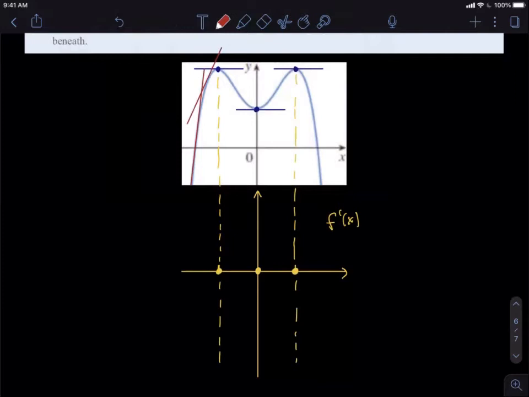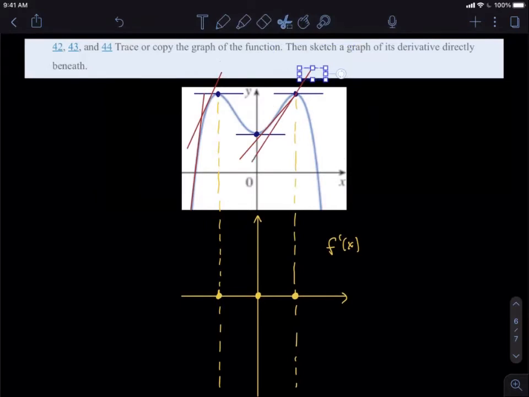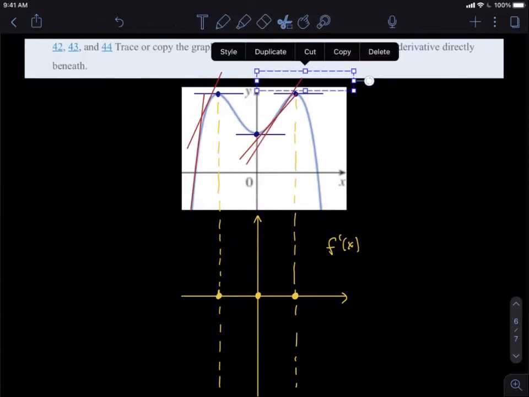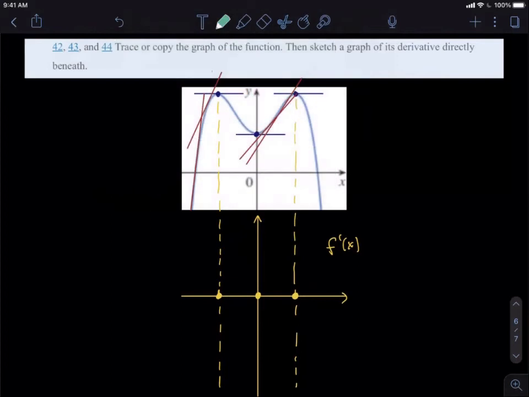So for instance, we have it here. But then we can also have negative derivative, which could be, for example, here.